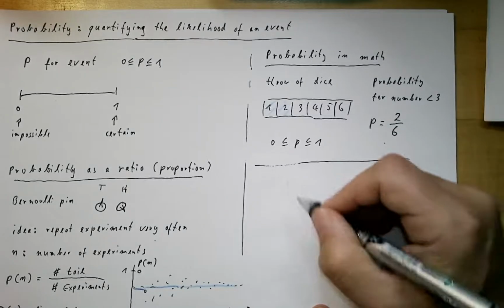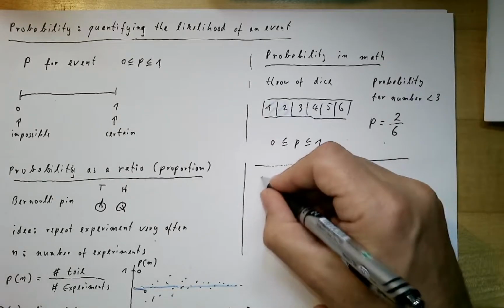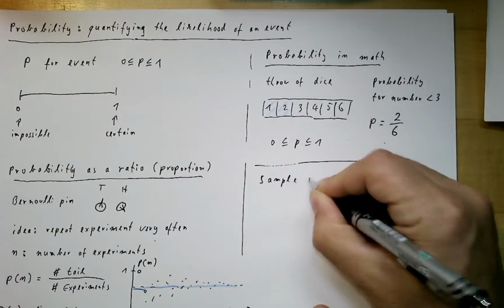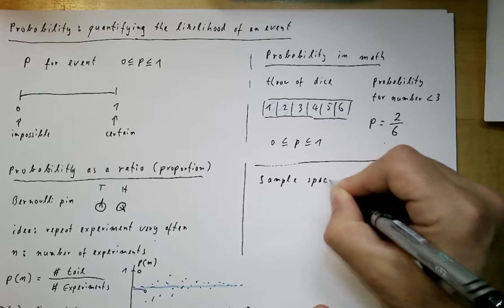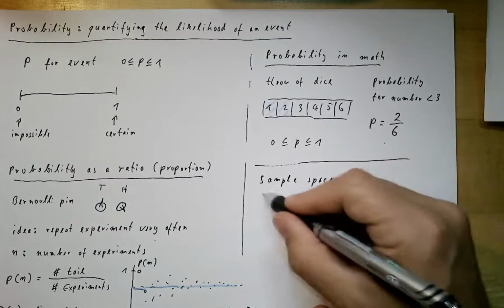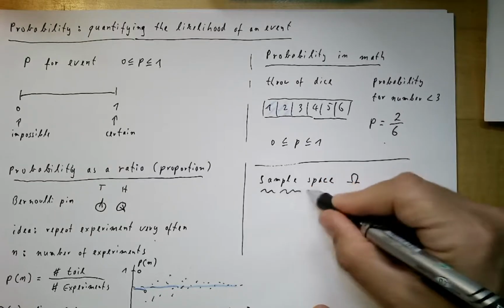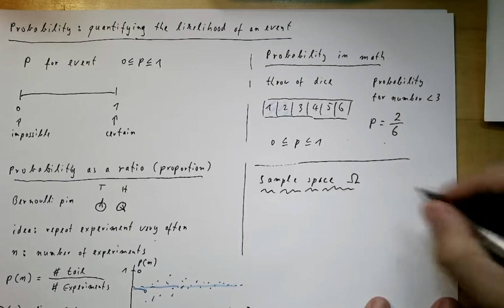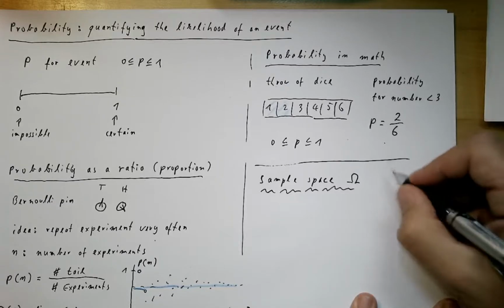And then we say we have a sample space, very often called omega, and this is the space of all possible outcomes.